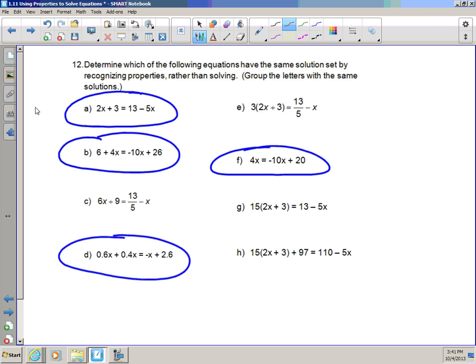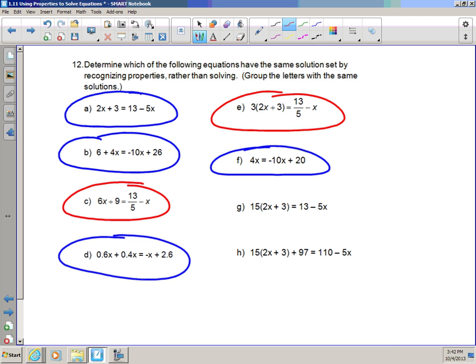Then it really doesn't matter which one you start with, but let's start with E. To go from E to C, I distributed the 3. In G, I multiplied E by 5.